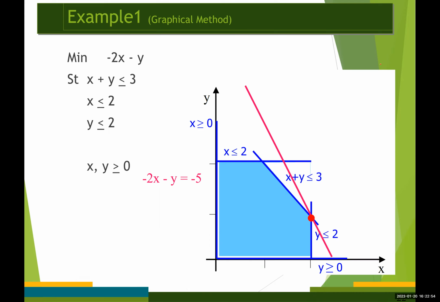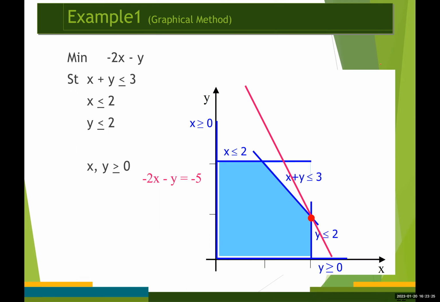So that means after this point, if you move further to the northeast direction, then the isovalue line will no longer intersect the feasible region, right? So we shouldn't do that, okay? So we have to stay within the feasible region to get the optimal solution.